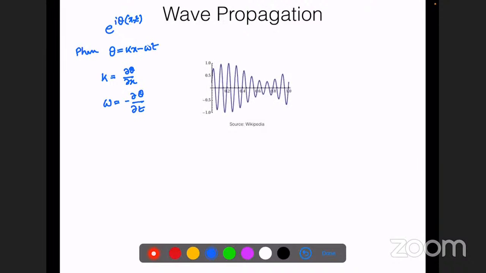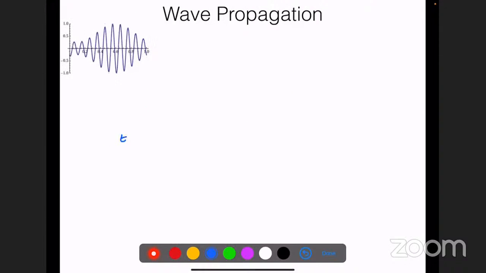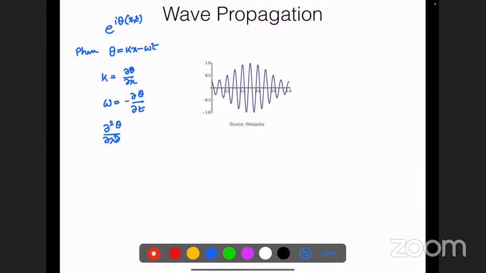Now if I use these two relations and write down dou square theta dou x dou t, a mixed derivative, that would be dou k dou t, or from the second equation, that would be minus dou omega dou x.